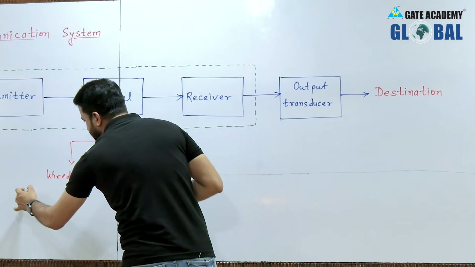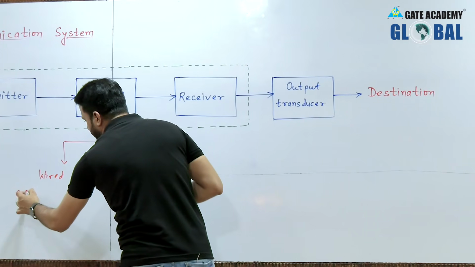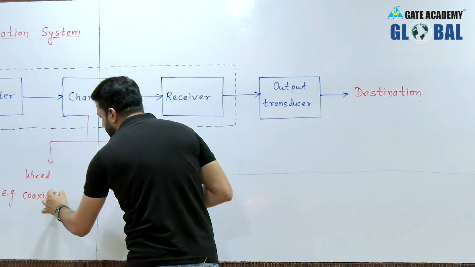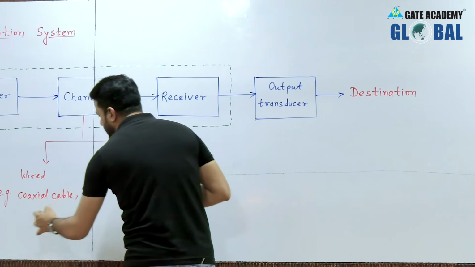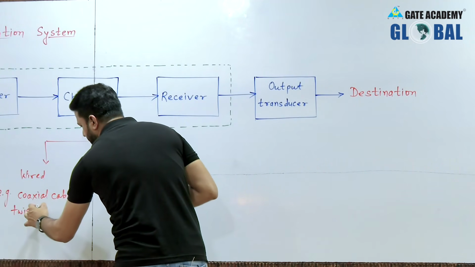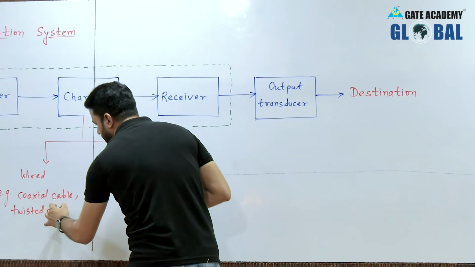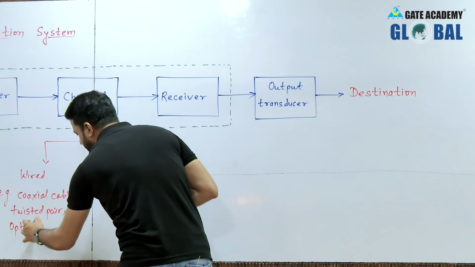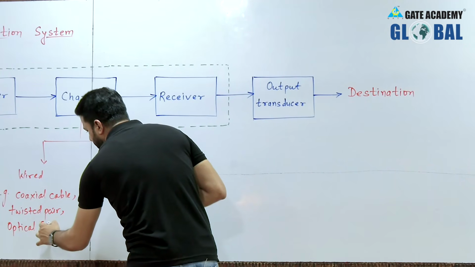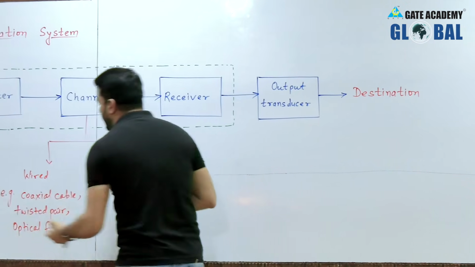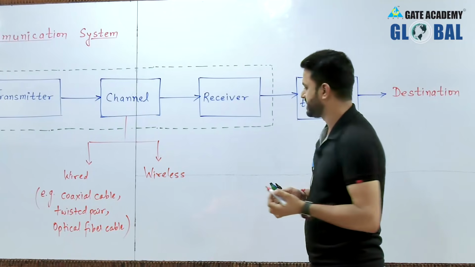For wired, a few examples are coaxial cable, twisted pair cable, optical fiber cable, etc. These are a few examples of wired medium or wired channel.